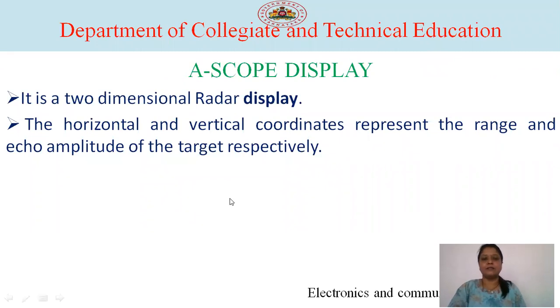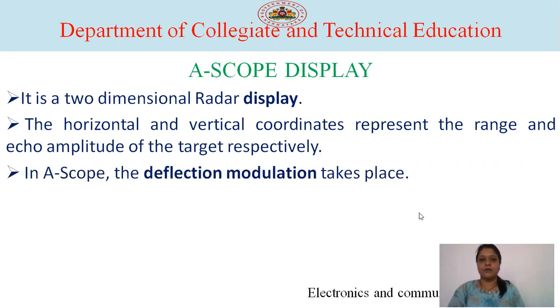Now, the horizontal and vertical coordinates represent the range and the echo amplitude of the target respectively. In the A-scope, deflection modulation takes place. As I explained, there are two types of technologies: deflection modulation and intensity modulation.